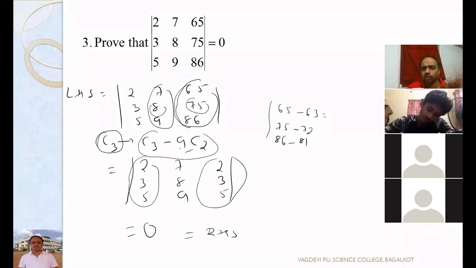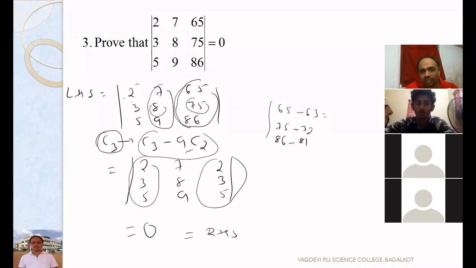So very simple, common sense. These elements in the first column are very small: 2, 3, 5. But here it is 65. If you compare, there is a large difference. So that means I have to subtract some big number from 65. That's why it is 9 into 7.